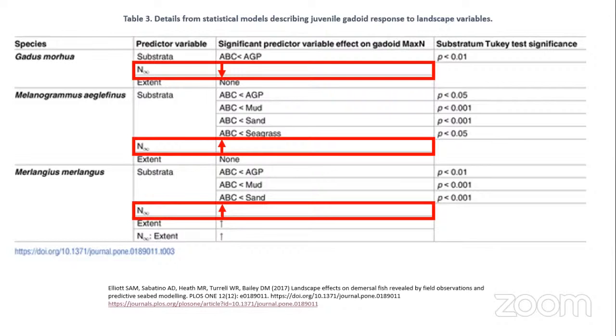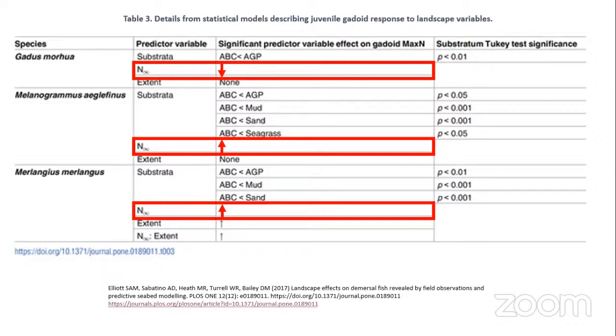So the model that she created allowed us to look at N infinity, a Hill number for dominance of the substratum. In a 1,500 meter radius circle around the point, she looked to see to what extent that circle was dominated by one substratum type.